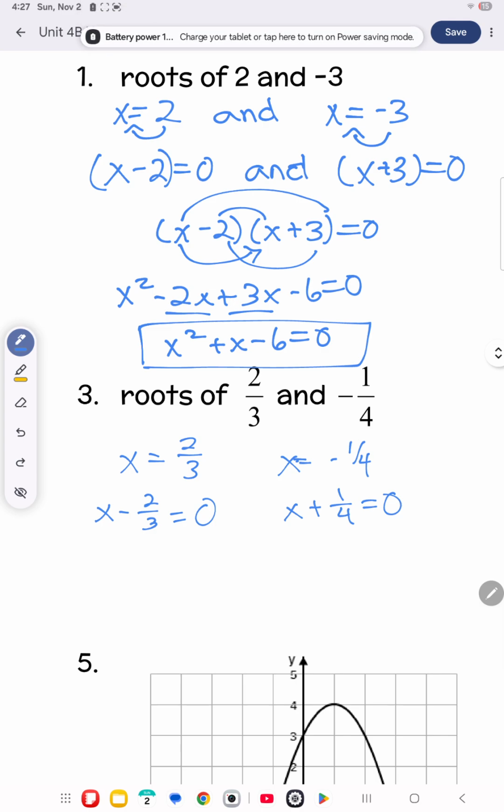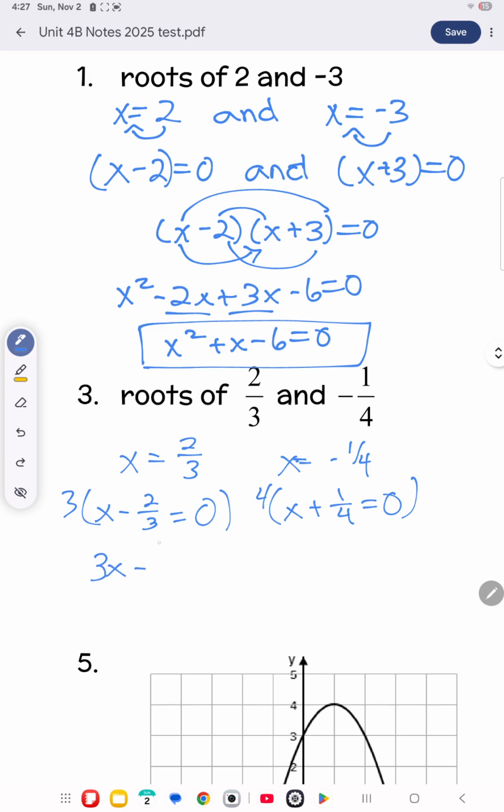These are not super easy to work with, so what I'm going to do is multiply everything here by 3. I'm going to multiply everything here by 4, and that's going to get rid of those denominators. So this is going to give me 3x minus 2, and then 3 times 0 is 0. This is going to give me 4x plus 1 is equal to 0.